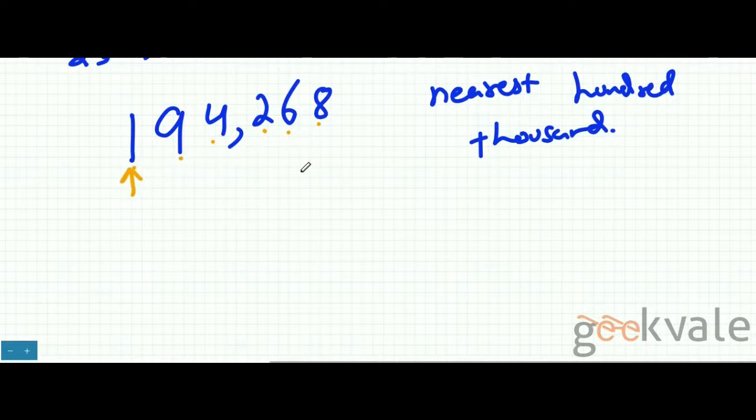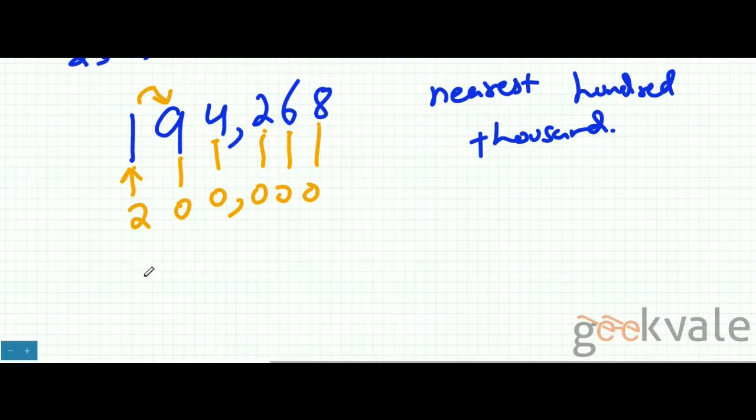Everything after it will become 0, 0, 0, comma, 0, 0. There is nothing before this number. Who will decide what happens to it? The digit right next to it. That is more than 5, so we add 1 to that place value and we get 2. So we got 200,000.